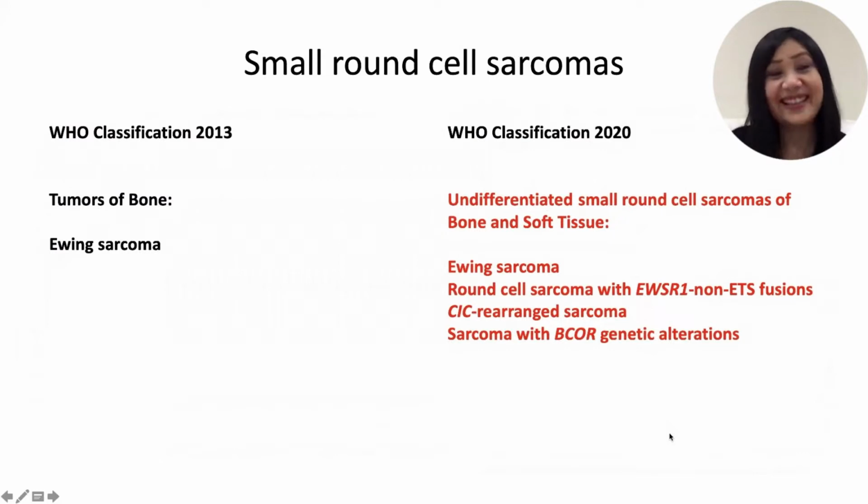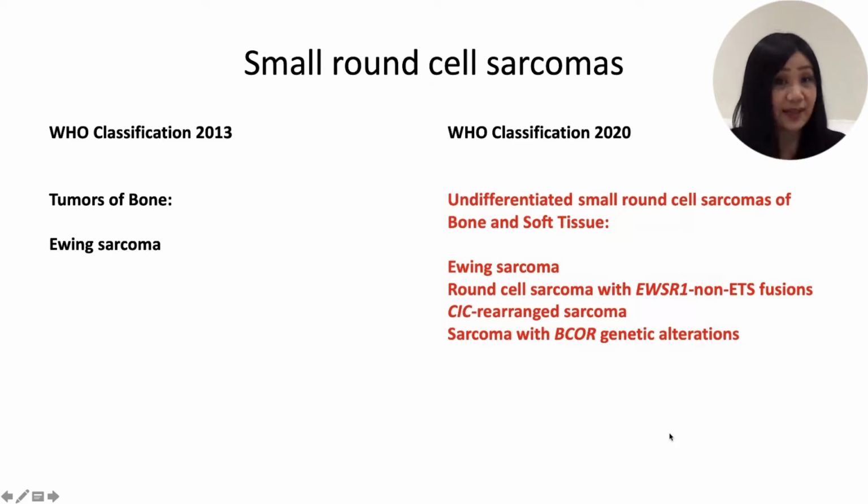So if we compare small round cell sarcomas as they were classified in 2013 compared to how they are now, we can see that in 2013, small round cell sarcomas were simply under the heading of Ewing sarcoma, under the section of bone. In contrast, currently there is a separate section altogether on undifferentiated small round cell sarcomas of bone and soft tissue, and there are 4 segments to this section.